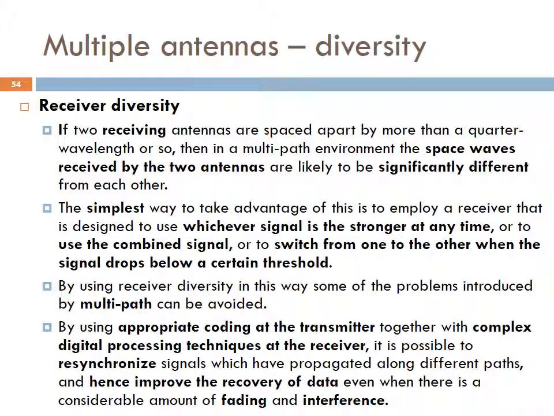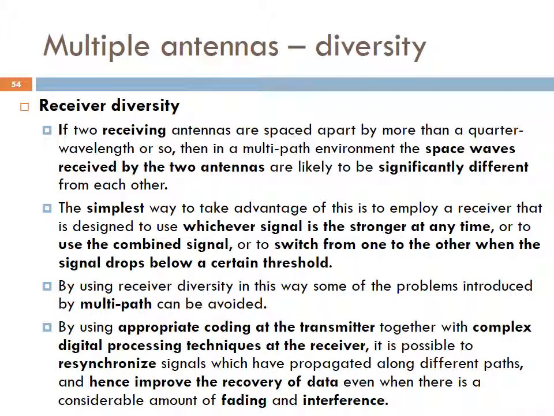So let's take firstly the case of receiver diversity. If two receiving antennas are spaced apart by more than a quarter wavelength or so, then in a multipath environment the space waves received by the two antennas are likely to be significantly different from each other.